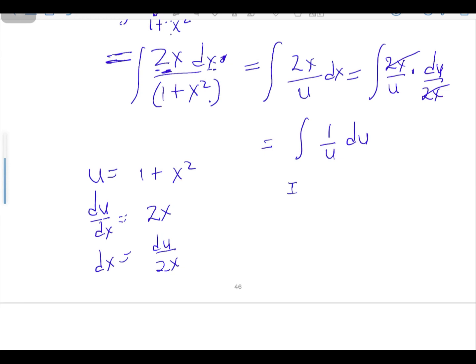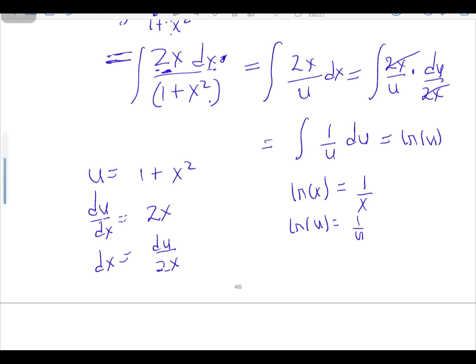And we all know that the differential of ln of x is 1 over x. The same thing applies: the differential of ln of u is the same as 1 over u. And therefore, the integral of 1 over u is what?